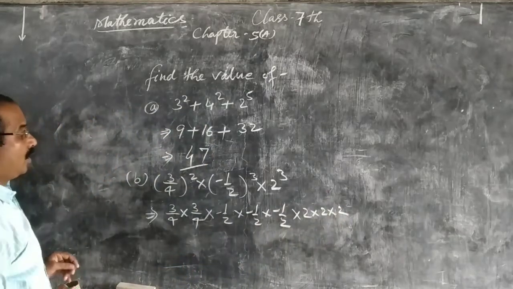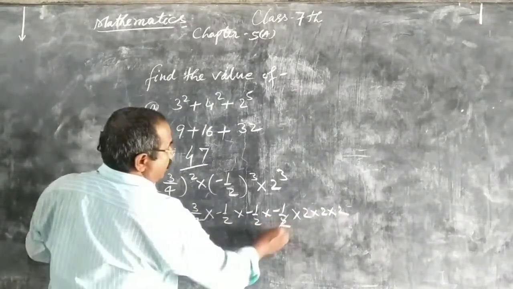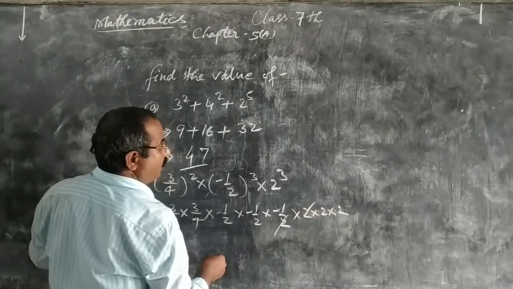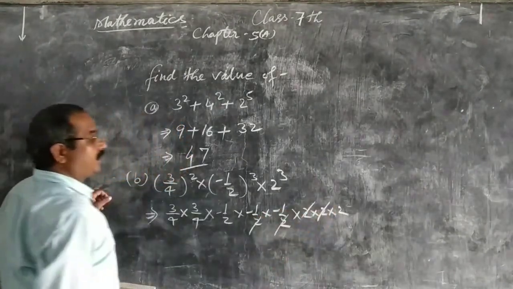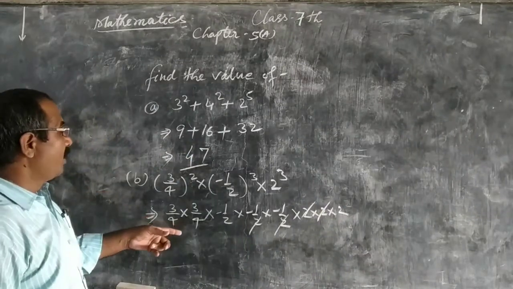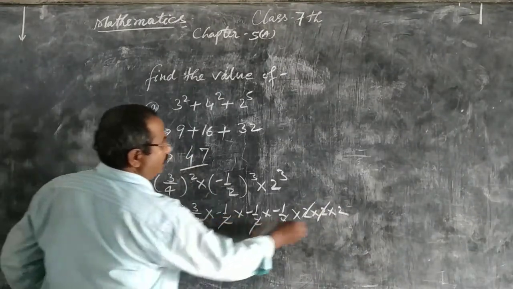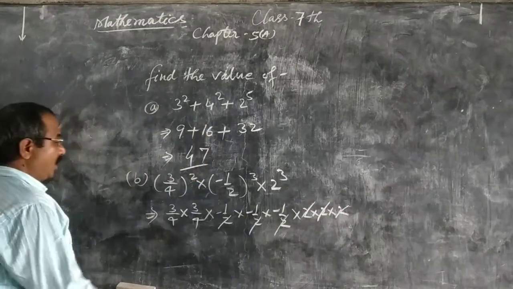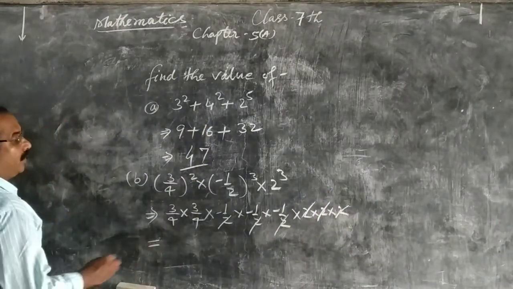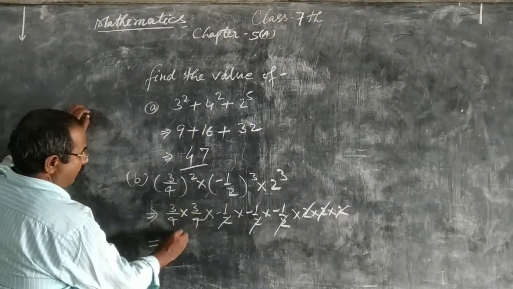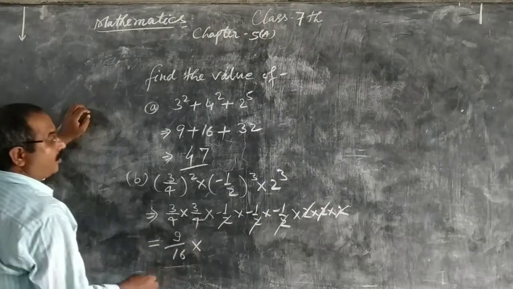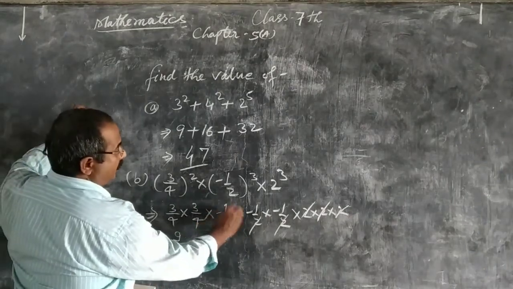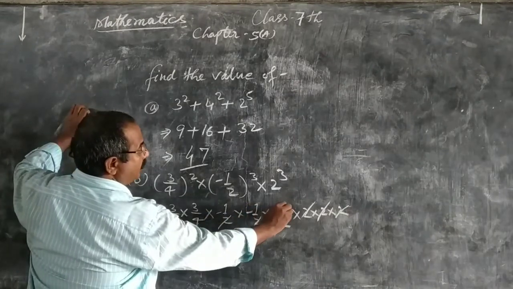Now you can cut these numbers, 2 by 2 here and this 2 by 2. क्रॉस डिवीजन मेथड इसको कहते हैं. And this 2 also by this 2. In this way you can see here 3 3 ja 9, 4 4 ja 16 into -1, -1, -1.